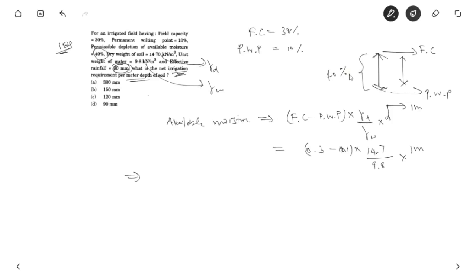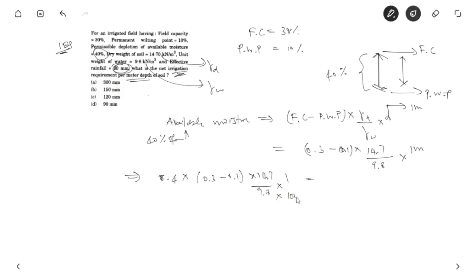So here we need 40% of the available moisture, which is nothing but the water we get here multiplied by 0.4, into 0.2 into 14.7 upon 9.8 into 1, which is equal to the available moisture.